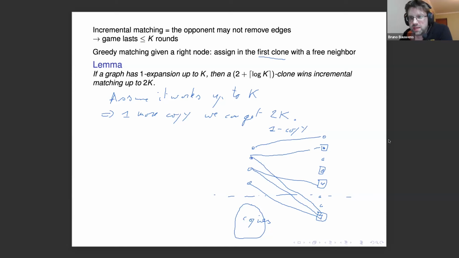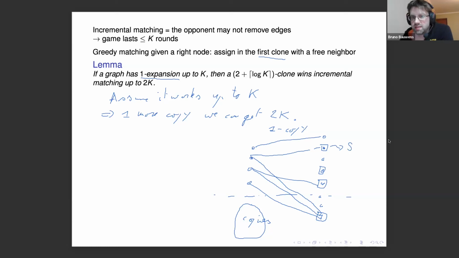So do you see why? We didn't use one expansion, so it follows by one expansion. So can you see why? So let S be the nodes that are not matched in the first copy.